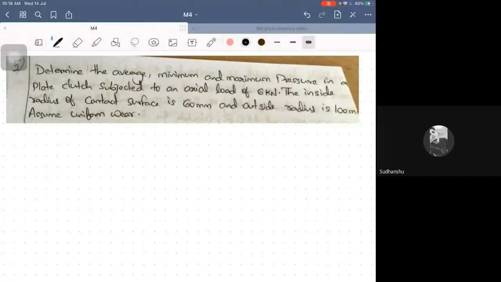So today we will continue the problem which we were solving on practice. This particular problem is an example.